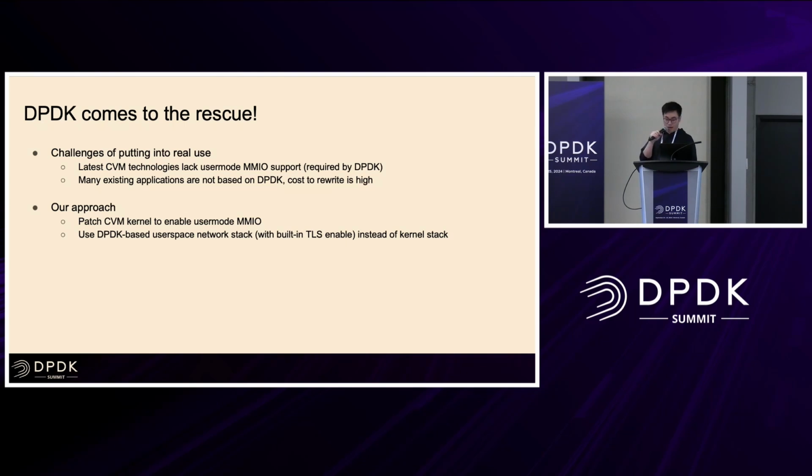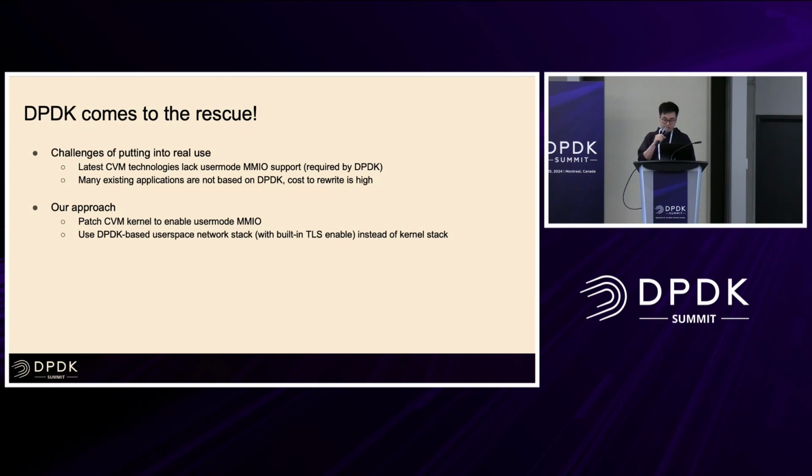After last year, we did some work to try to adapt DPDK into this CVM environment. However, we still ran into some challenges when trying to put all these technologies into real use. The first one is that the latest CVM technologies lack user mode MMIO support, whereas DPDK requires it to talk to the device.